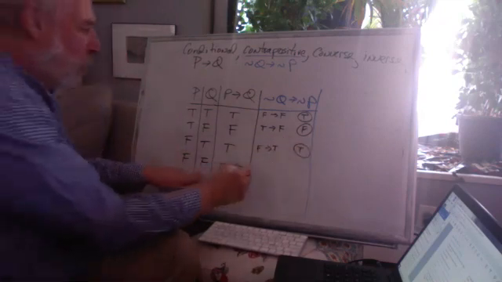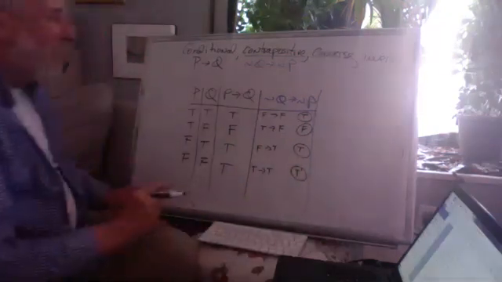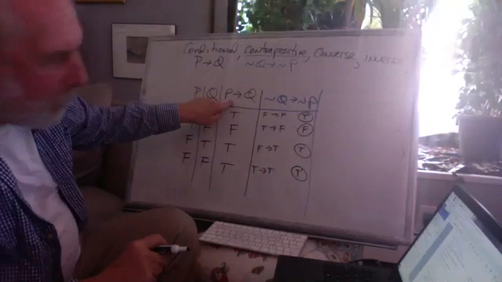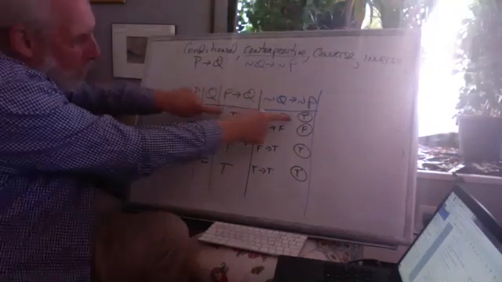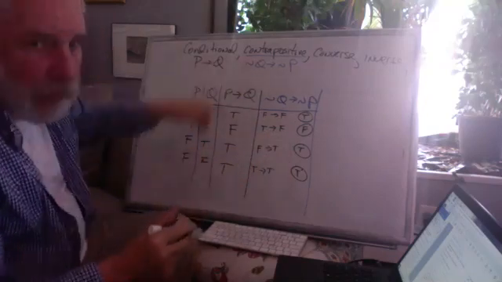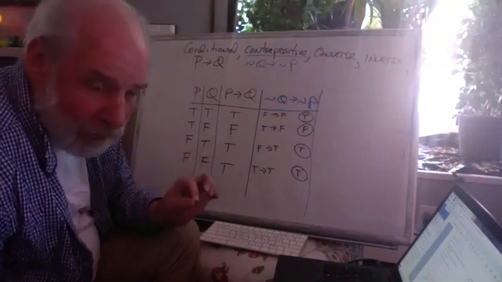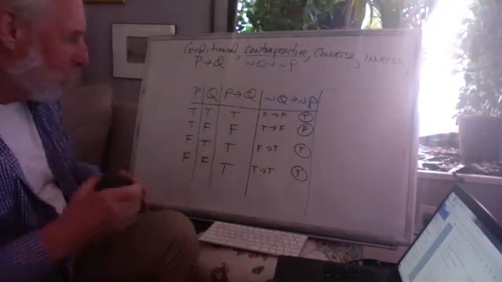And when they're both false down here, we get true and true. And we can see that the original statement and the contrapositive are identical in every line. That means these two are logically equivalent. They say exactly the same thing, just in a different way.